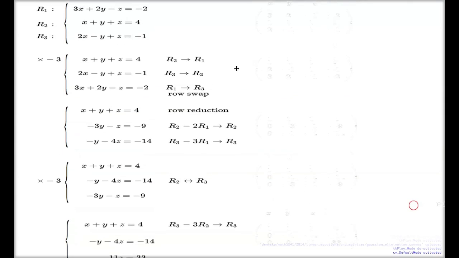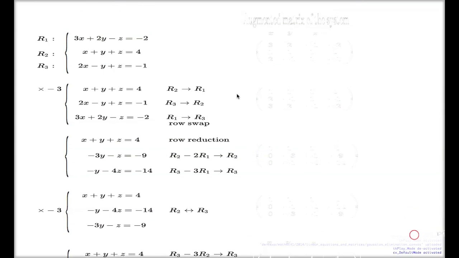So what you do, let me just go back to my original system. If you analyze how we reduced my system to the triangular shape, you have to realize that actually the x, y, z didn't play any role.